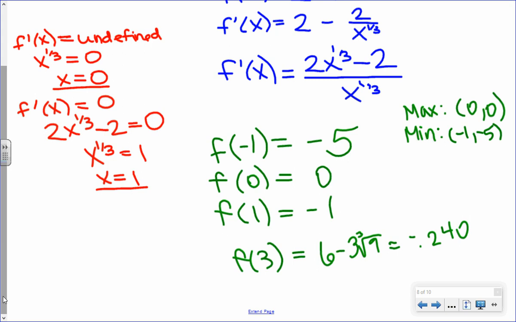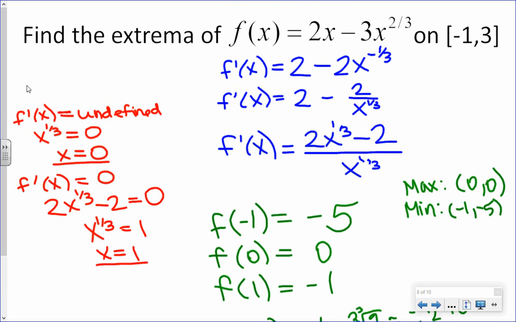Okay. Now, I do want to go back and talk about what Joe was trying to say up here. It's really easy to want to set this right here equal to 0 to get that x is 1, right? But what you have to consider is that this negative exponent means it's in the denominator, and since we can't divide by 0, that can't be 0, right?